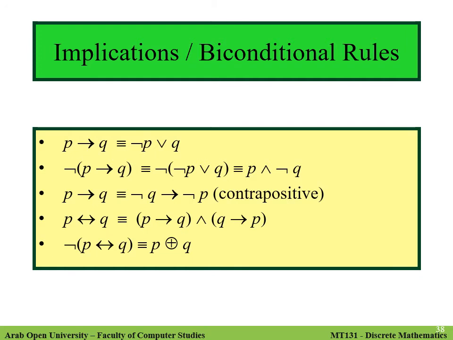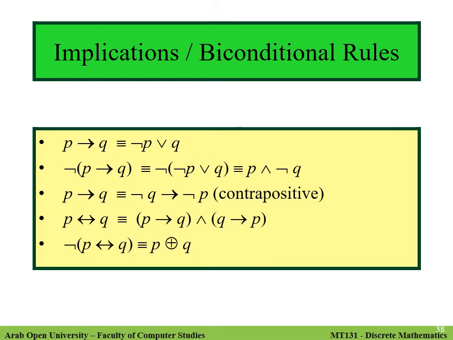P implies Q is equivalent to not P or Q, so you can replace P implies Q by not P or Q. Now apply De Morgan law. Not P is equal to P, OR becomes AND, but then not Q. So this is the correct way to write the negation for P implies Q. The negation of P implies Q is equivalent to P and not Q.